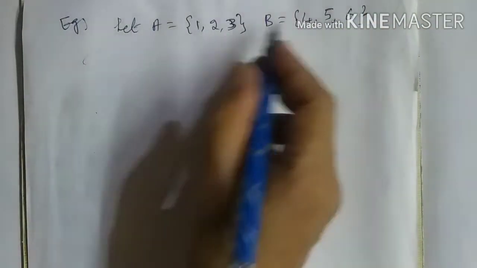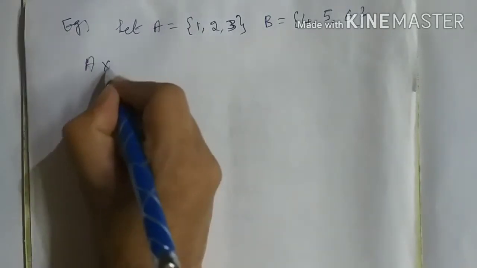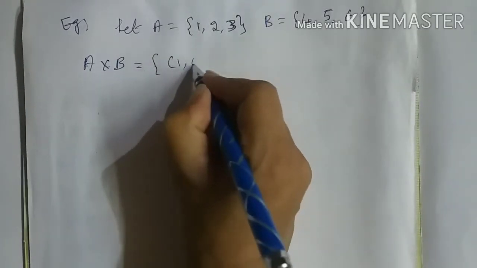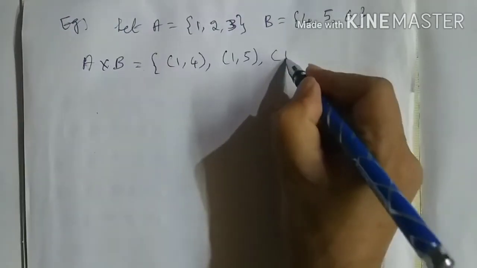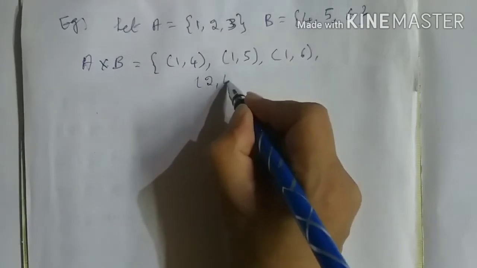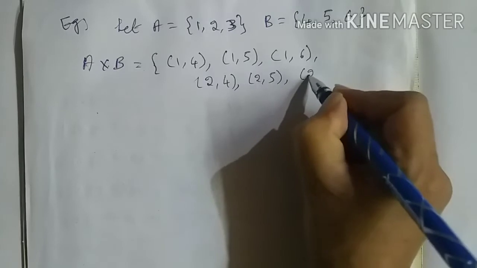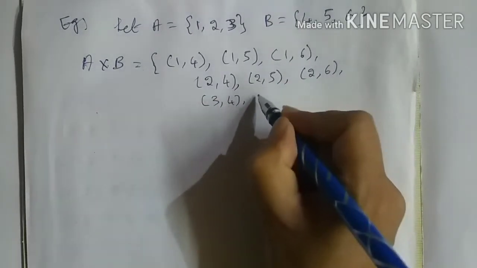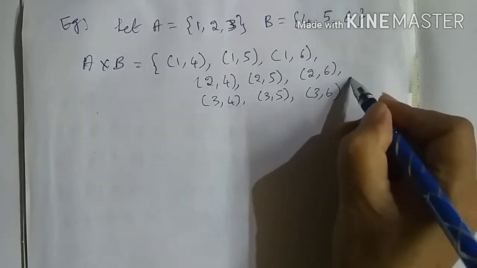The Cartesian product A × B is given by A × B = {(1,4), (1,5), (1,6), (2,4), (2,5), (2,6), (3,4), (3,5), (3,6)}.